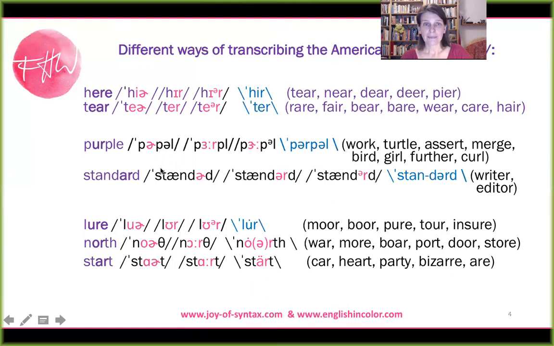So basically Oxford, Longman, and Webster's Collegiate use the regular letter R to represent the R sound, and Merriam-Webster's Learner's Dictionary uses this little worm-like attachment.